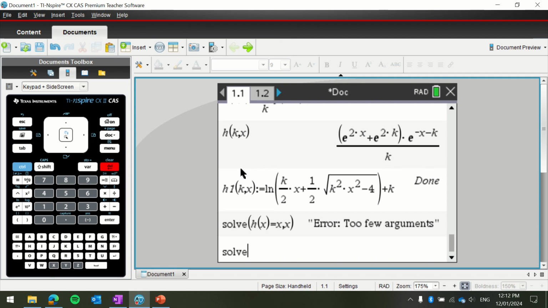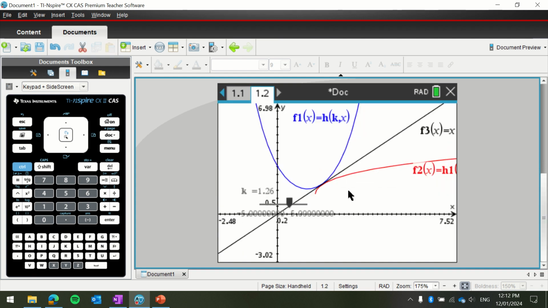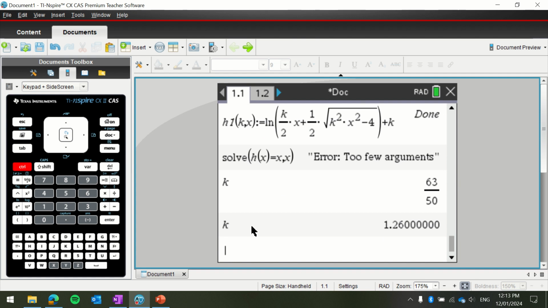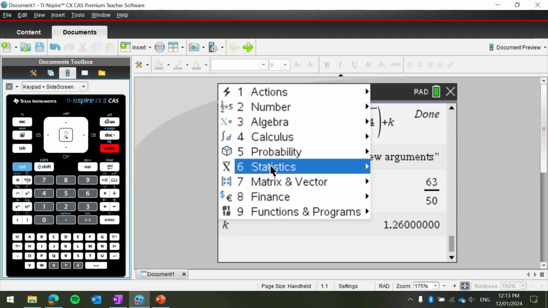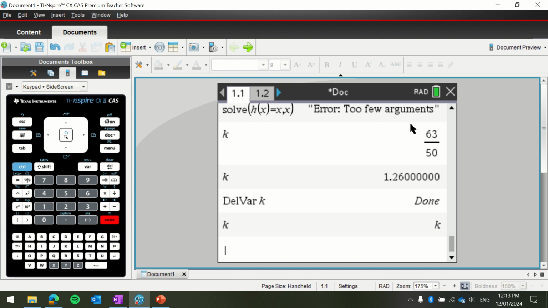This is the annoying thing about the CAS calculator. Because I've graphed both functions and I have a slider and I have set k to be 1.26, it now thinks k is exactly that, 1.26. So I need to do this. So k is nothing now.